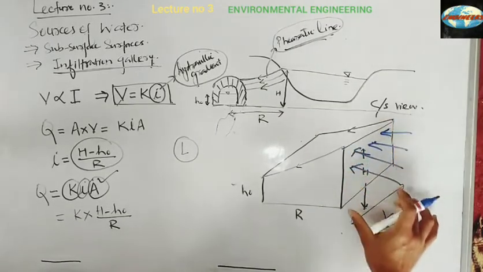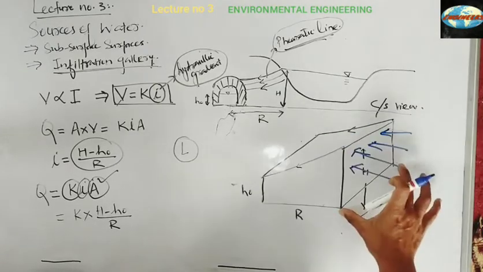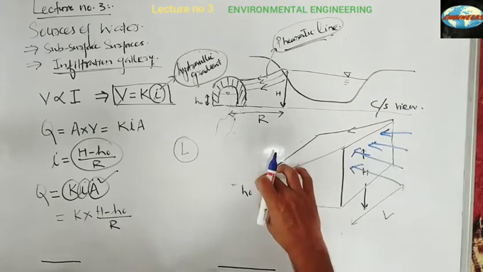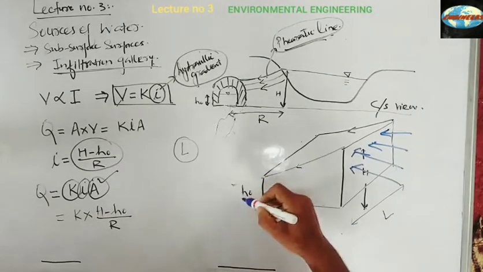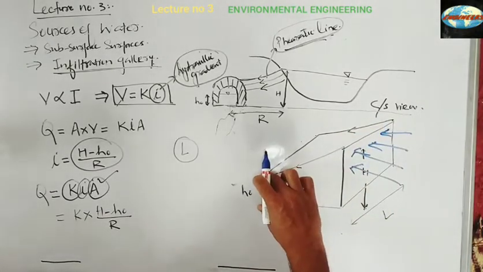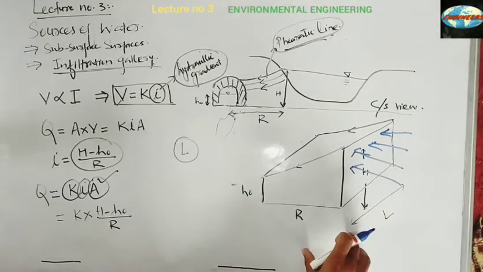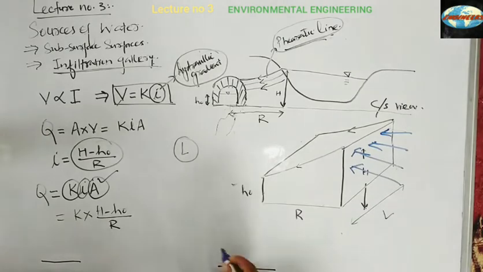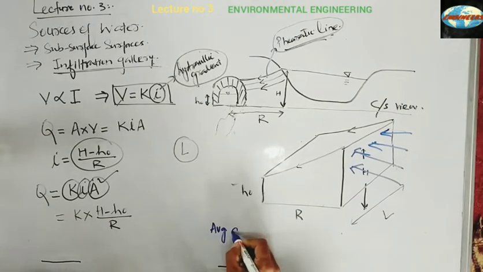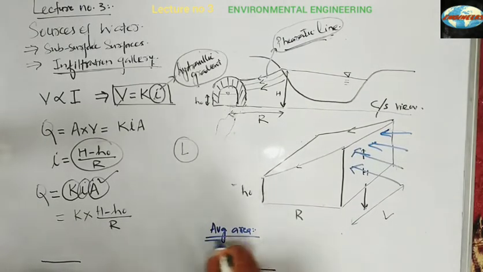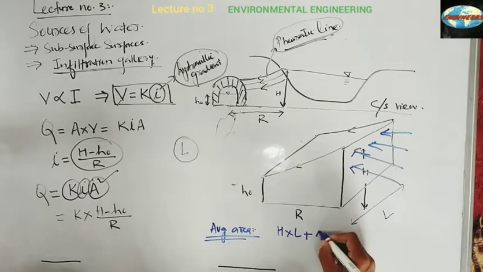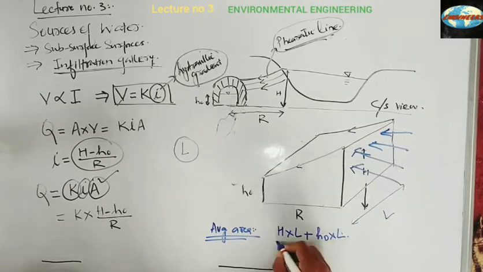So the seeping area will be capital H into L, the length of the infiltration gallery over here, and over here it will be the length L into h naught, and we'll divide by 2 to get the average area. The average area will be equal to capital H multiplied by L plus small h naught multiplied by L, divided by 2.